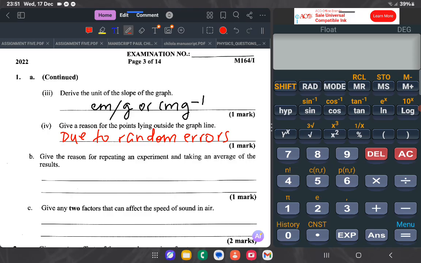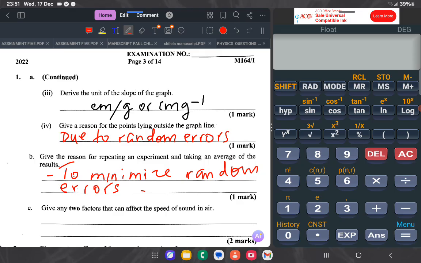Give the reason for repeating an experiment and taking an average of the results. The reason why it is essential to repeat an experiment and take an average of the results is to minimize random errors. Random errors are the only type of errors that can be minimized by repeating the experiment and averaging the results.